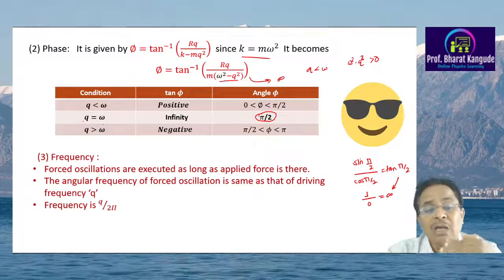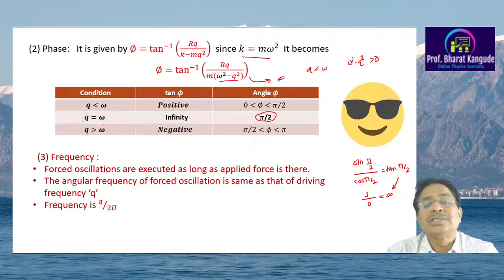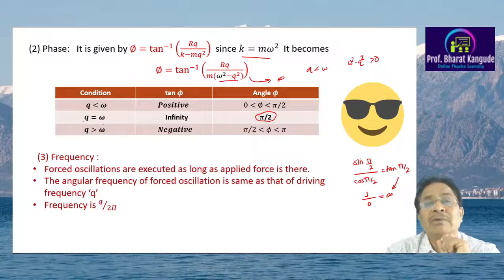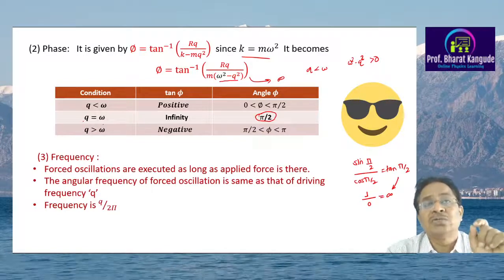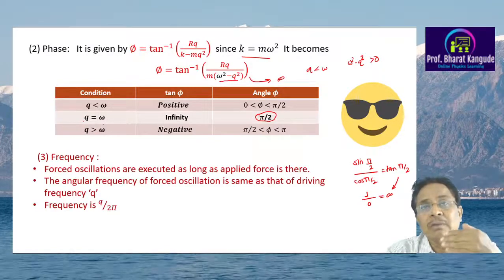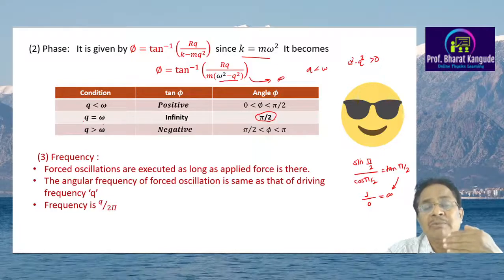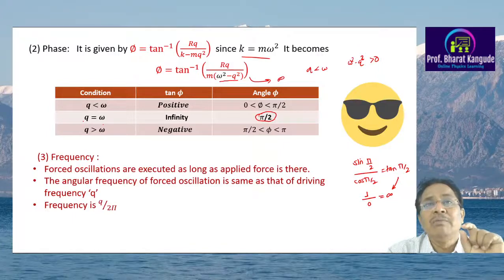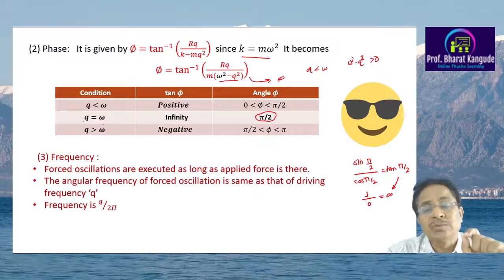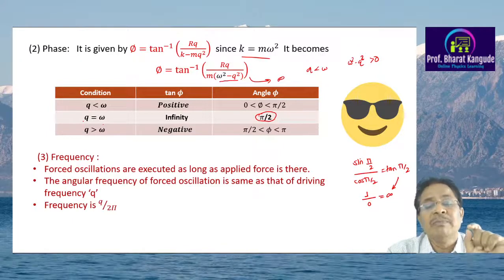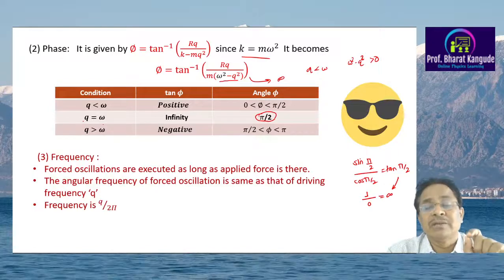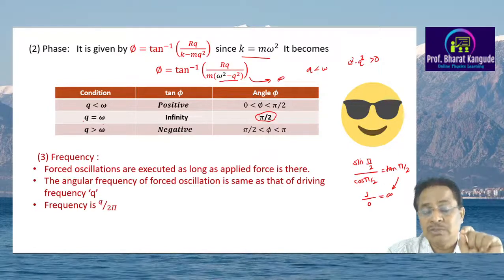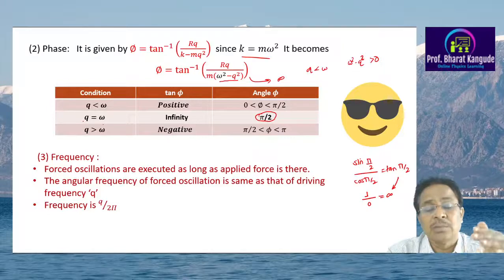The angular frequency of forced oscillation is the same as that of the driving frequency, even though its natural frequency is omega. If you push the swing with some frequency q different from omega, the forced oscillator will be forced to execute its motion with the driving frequency of the external periodic force.